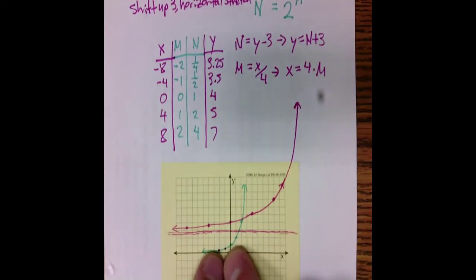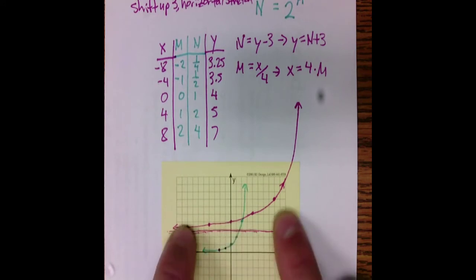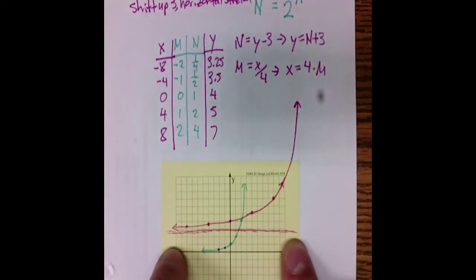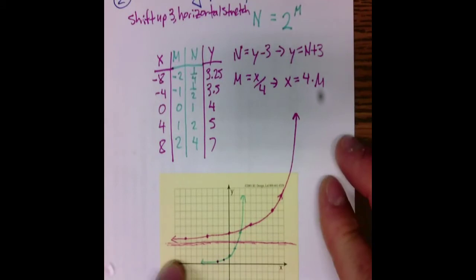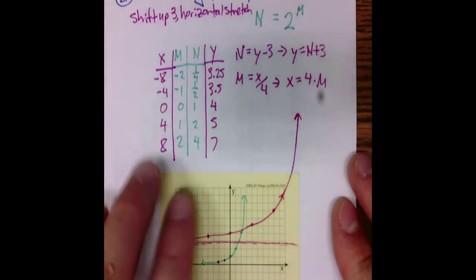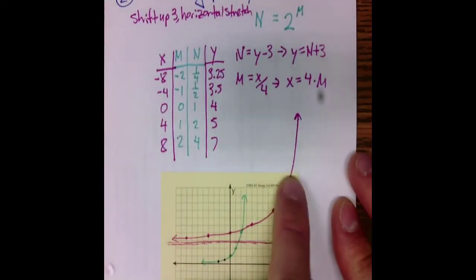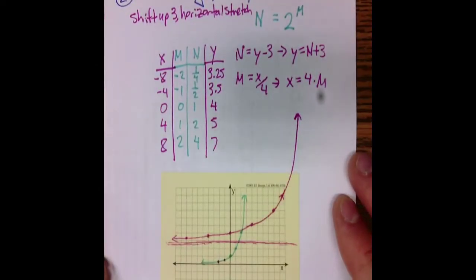So instead of these points being 1 unit away from each other here, you'll notice these points are now 4 units away from each other. And then they all shifted up by 3 from where they were originally. And that can kind of give you some idea for how you might be able to sketch this once you get a little bit more proficient without having to do the full conversions and tables here, with just kind of getting the idea of knowing what it's going to look like.